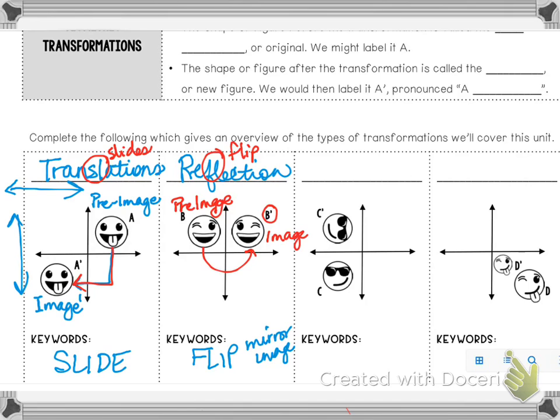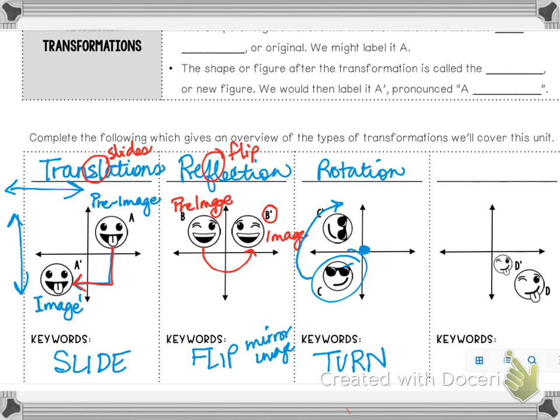All right, the third kind of transformation we're going to get into is a rotation. A rotation is simply a turn. So you're taking the exact same congruent figure, and really that's the image. You're taking the exact same congruent figure and you're turning it around an axis. For right now, we're going to be turning it around the origin. So it's going to make a 90-degree turn here.